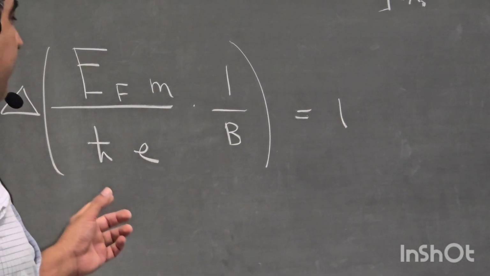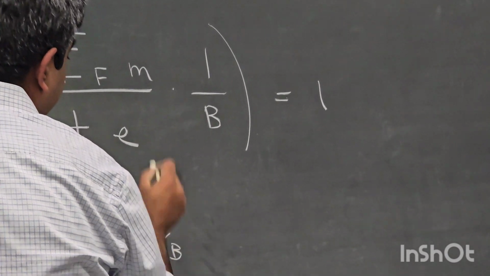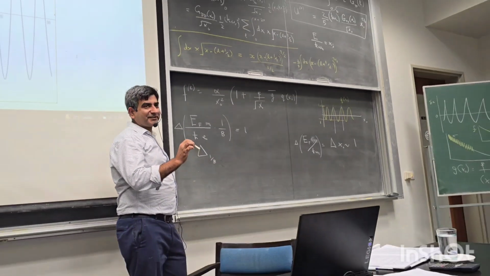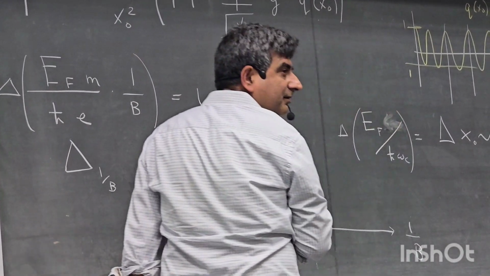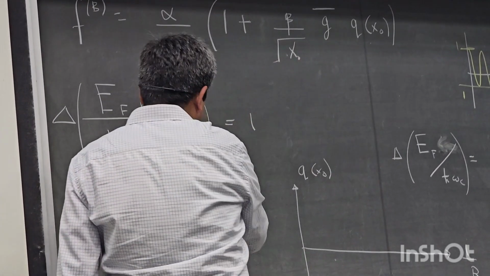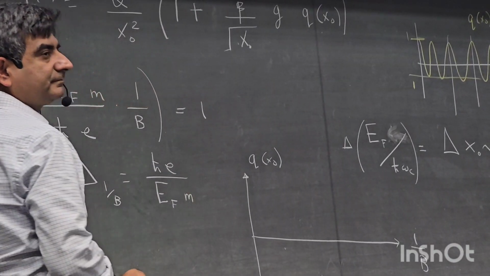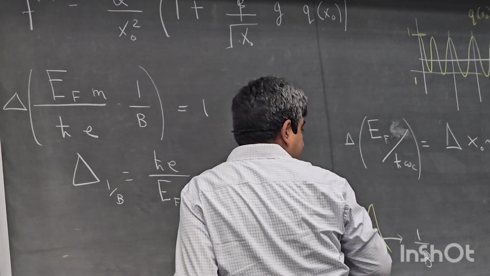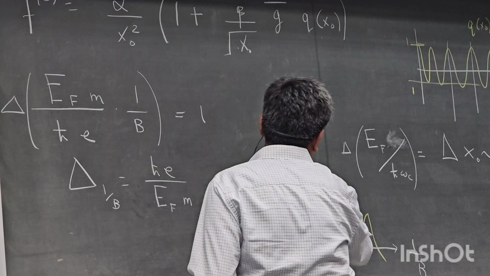Okay, so what this really means is that the period is in 1 over B. If I were to plot q of x naught for a given Fermi energy as a function of 1 over B, so on this axis I have 1 over B, and here I plot the oscillatory function q of x naught, then the period of this function will be h bar e over EF m.